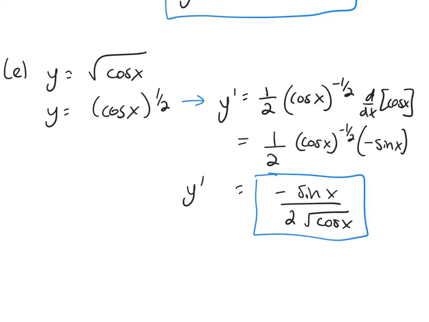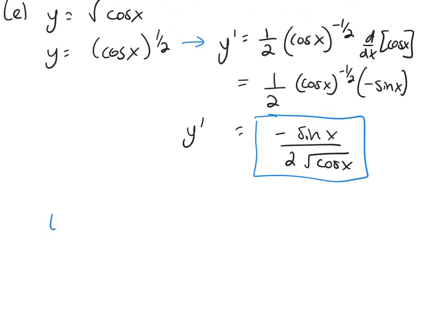Let's look at one more in this group. Let's look at the following problem. Let's say my function is f of t equals sine cubed of 4t, and I want you to find the derivative of this one.